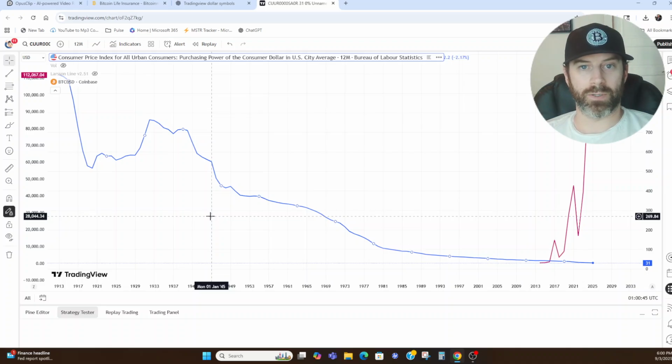Dollars are losing purchasing power every single day because of the amount of money that continues to be created through bailouts, through funding wars, through monetary debasement and printing and continued fiscal deficits and all of the things that we're all well aware of.